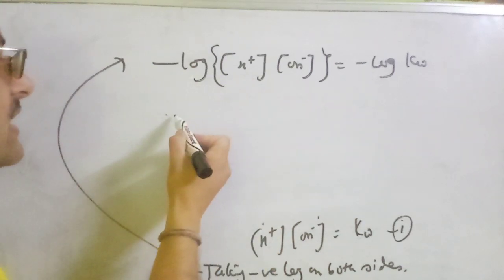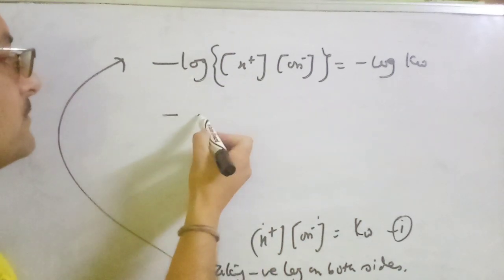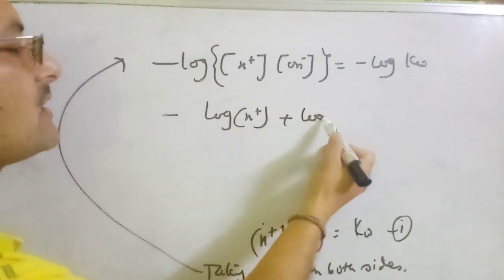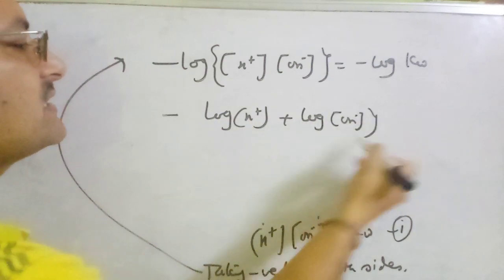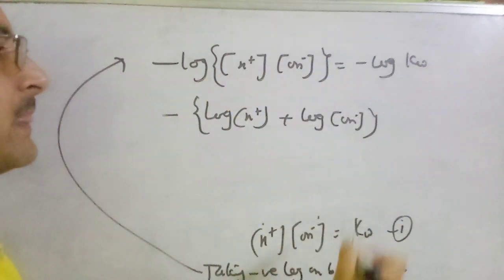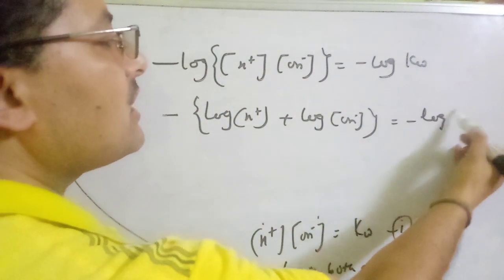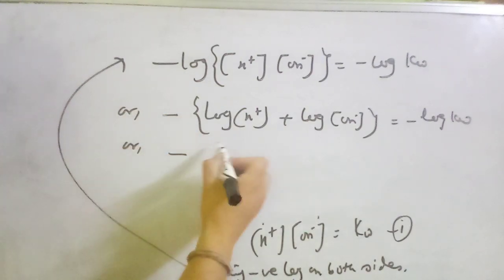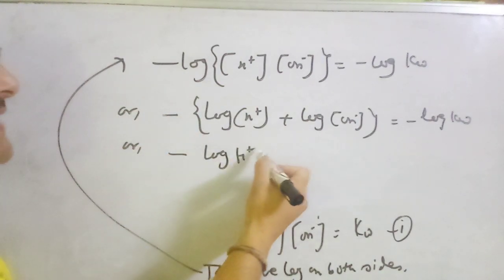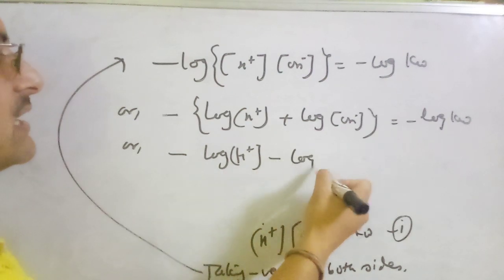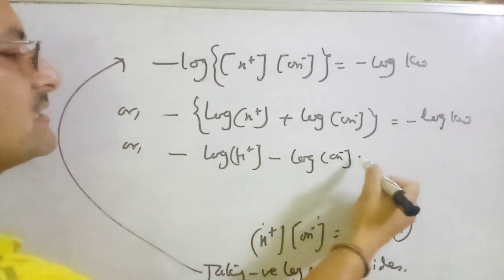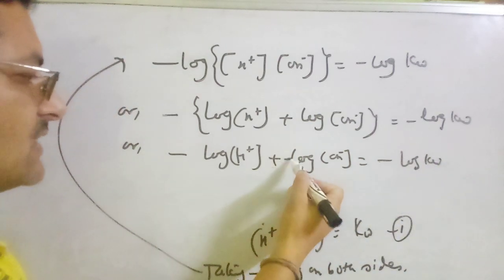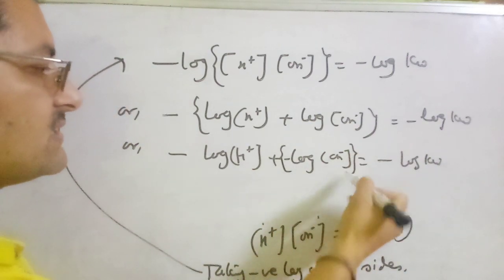The formula of log AB is log A plus log B. So minus log [H+] plus log [OH-]. This is the formula of log AB equals minus log KW, and you can easily open it. Minus log [H+] minus log [OH-] equals minus log KW. You can write minus here and put it into brackets, it is just the same.